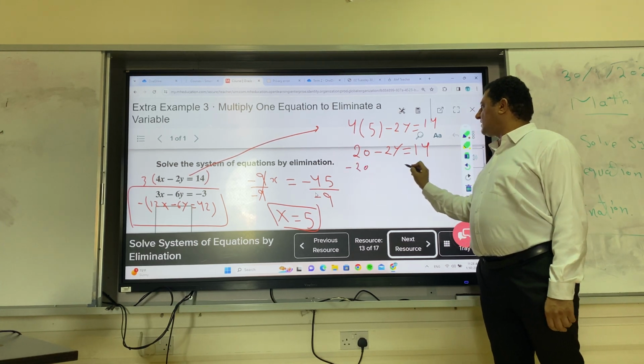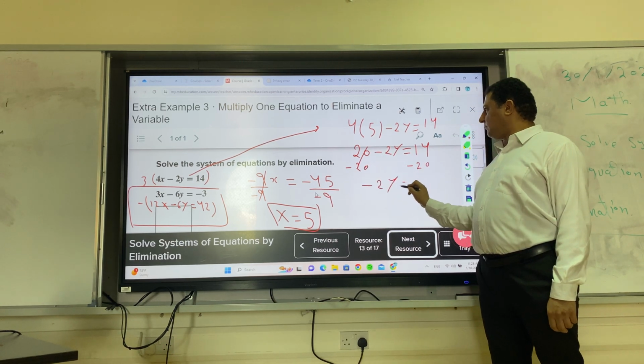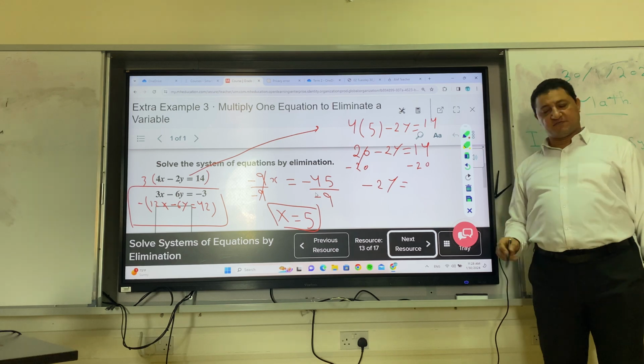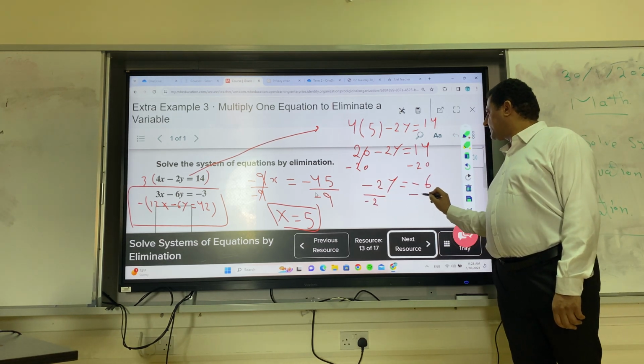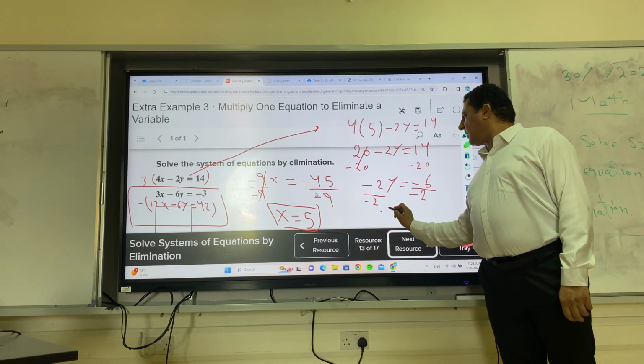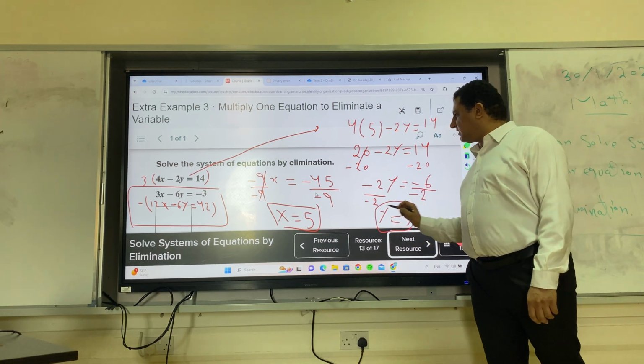Subtract 20 from both sides. The negative 2y equals negative 6. Divide by negative 2. Then y is positive 3. The answer is 5, 3.